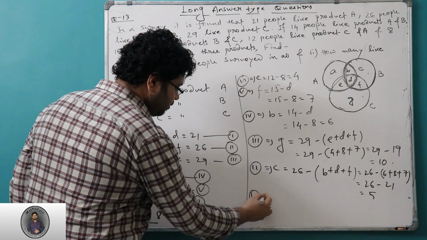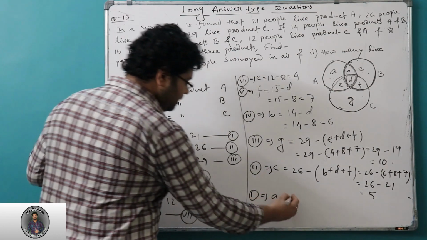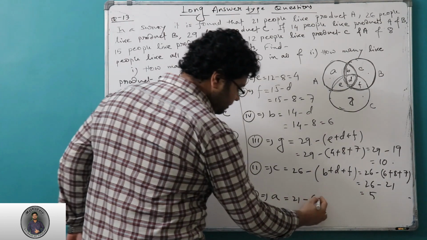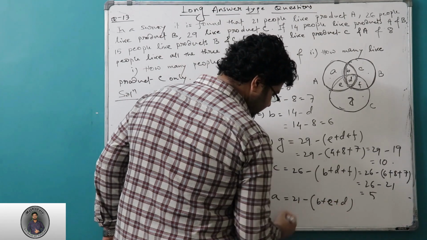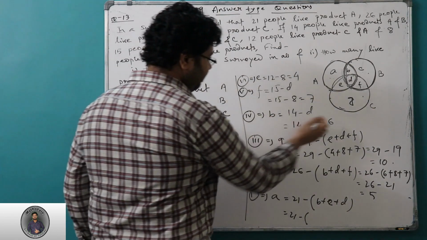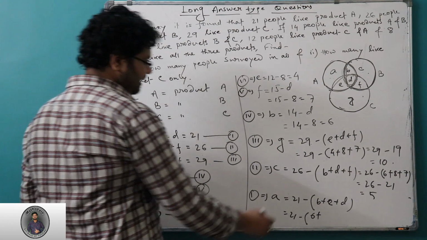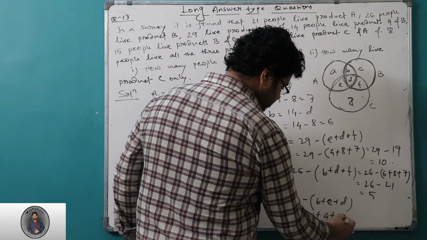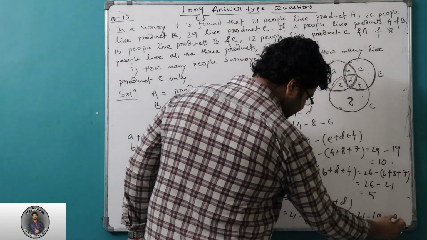And from equation 1 we can find out A, and A will be 21 minus (B plus E plus D), so it will be 21 minus B we have found as 6 plus E, that is 4, plus D is given 8. 21 minus 18, that will be 3.